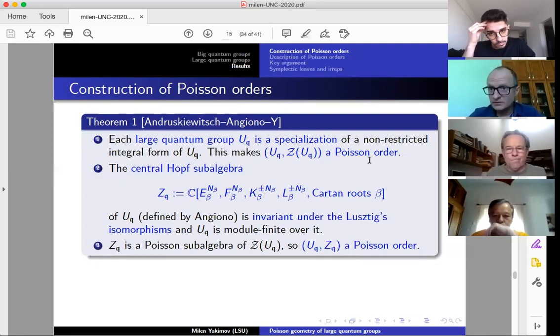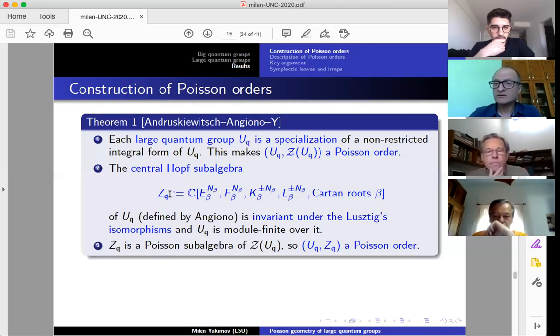So far things are very similar to the Concini-Kac and Procesi. The next part is in the works of Iván Angiono, before he was able to construct the central subalgebra ZQ, which is somewhat similar to the one by the Concini-Kac and Procesi, where you take powers of the root vectors, E, F, and the Cartan generators K and L. And the statement is that UQ is always going to be module finite over the ZQ, and ZQ is always going to be invariant under the Lustig isomorphisms.